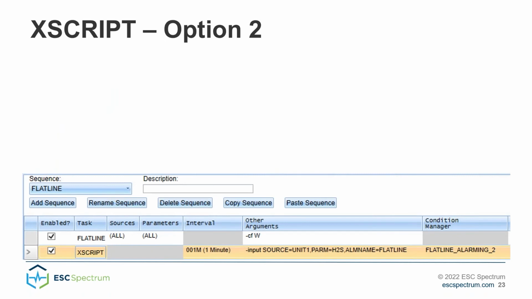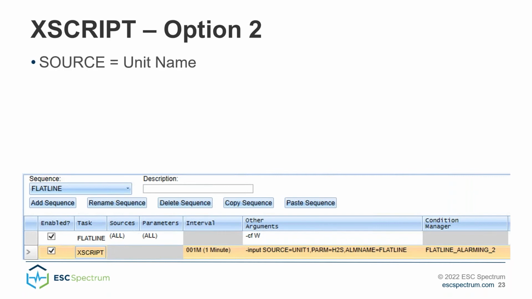So for this, same way, you just add this Xscript task to your ProcessNow sequence, interval of 1 minute, and then condition manager, select which one you just put the condition into.